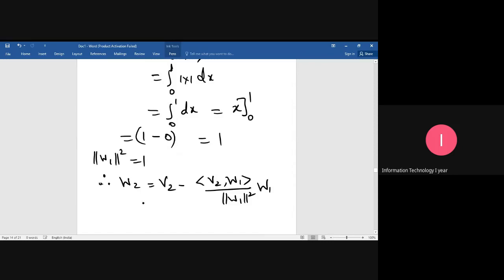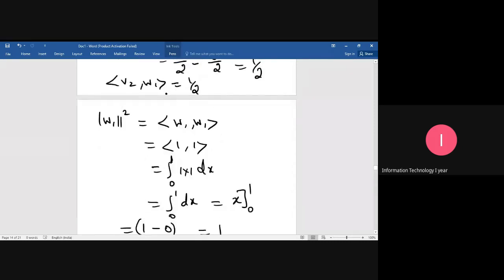Substitute v2. What is v2? It is x, because v1 is 1, v2 is x, v3 is x square. So this is x minus the inner product of v2 comma w1, which we found is 1 by 2.